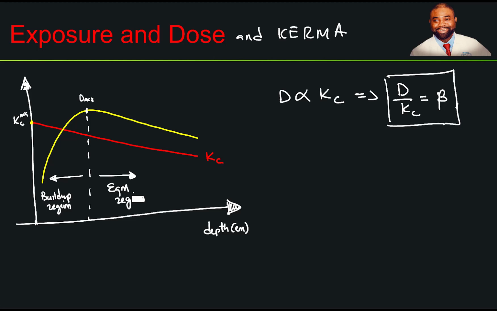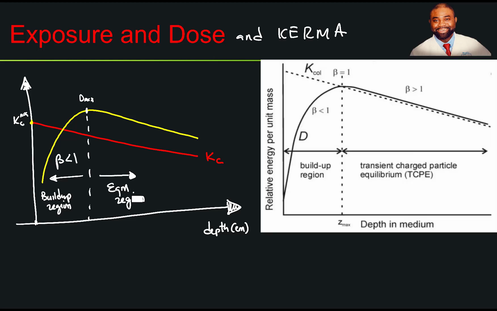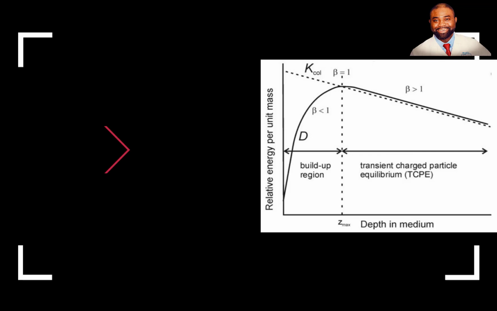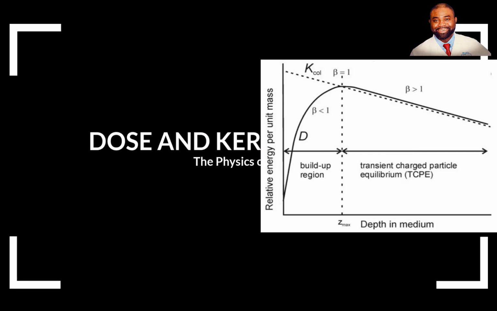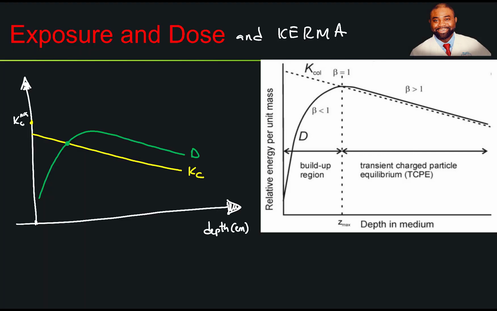Mathematically, that means that the ratio of dose to collision KERMA is a constant. Let's call that constant beta. In the build-up region, that constant is less than 1. In the equilibrium region, that constant is greater than 1. This region is called the equilibrium point, where charged-particle equilibrium exists.